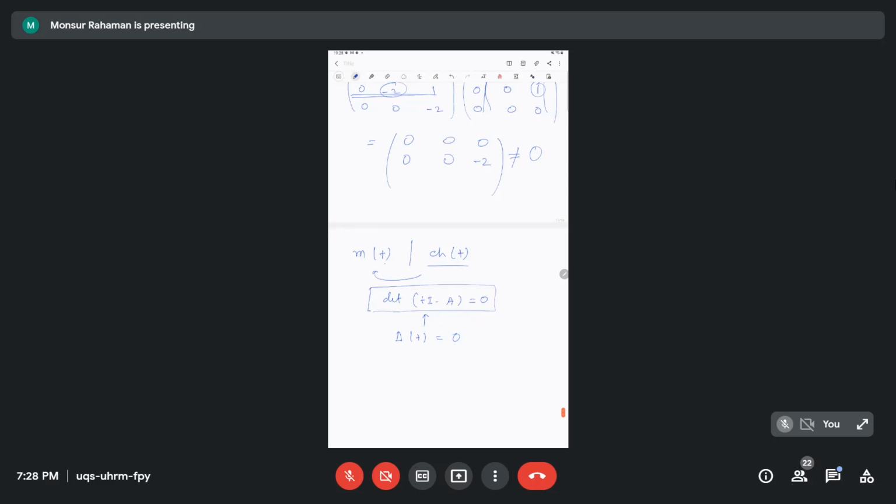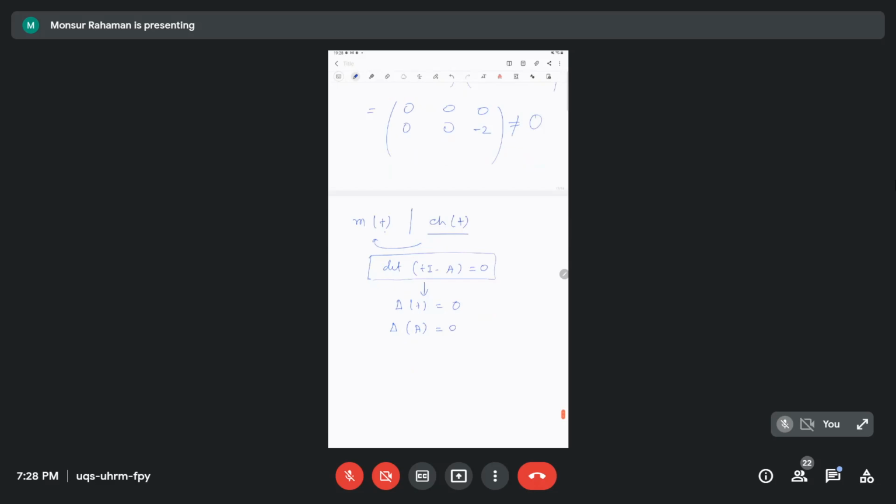This is the characteristic equation, and it is also satisfied by that matrix. So this is the greatest polynomial, you can say. Now all you have to find is mT or mA, which is of lesser degree than this one.